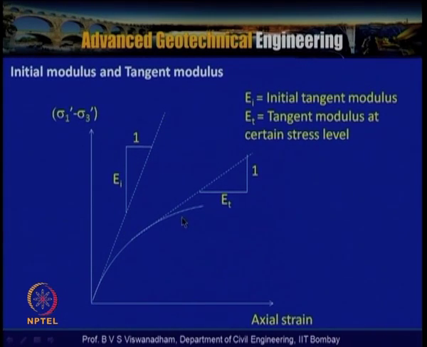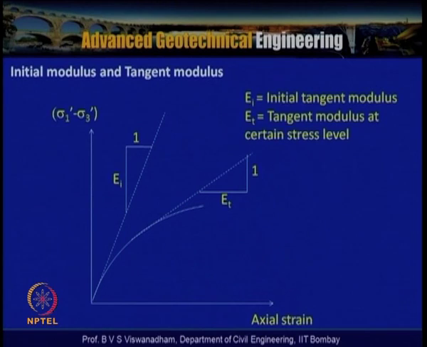Let us say we draw a line joining a point here and this point, at a strain value of 2%, or 50% of axial strain. Then we can get E50, the slope of that line meeting the curve at that particular deviator stress or normal stress for the shear stress.